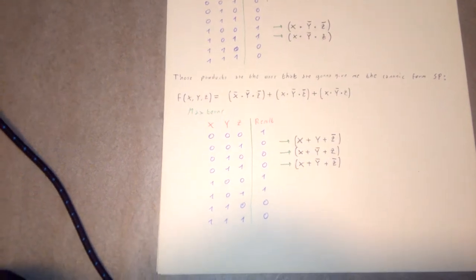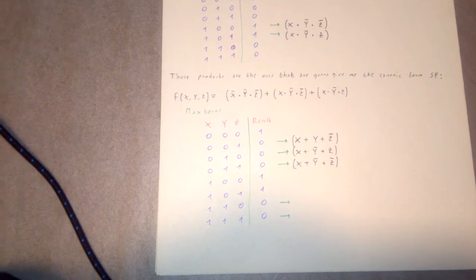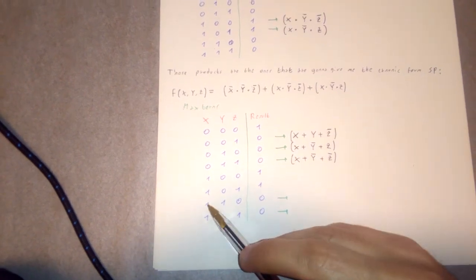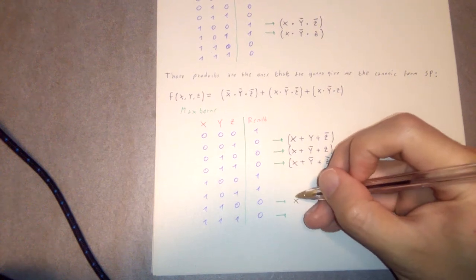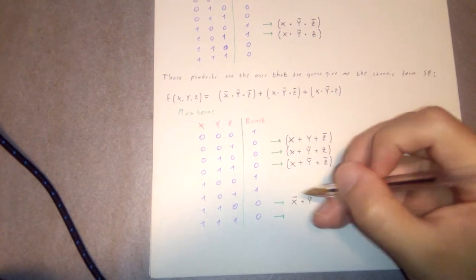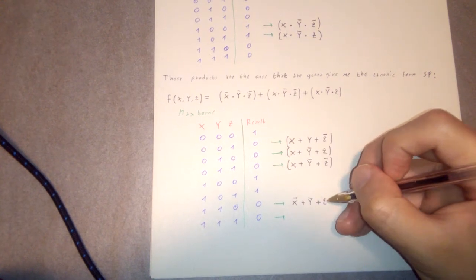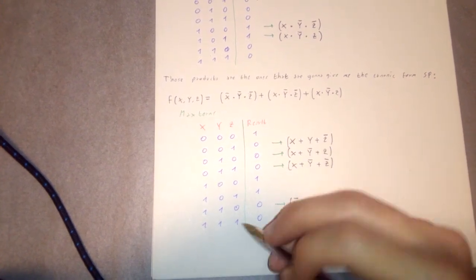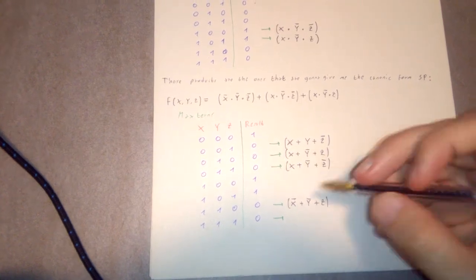And then the last two are those two. In this case, we have x, which is 1, and y, which is 1. So we write not x plus not y. And then we have z, which is 0, plus z. And lastly, we have 1, 1, 1. So not x plus not y plus not z.